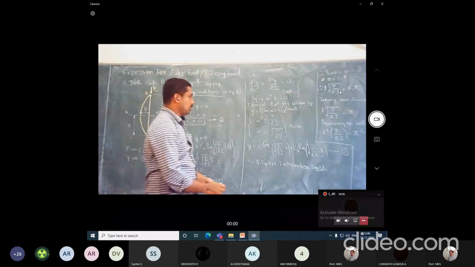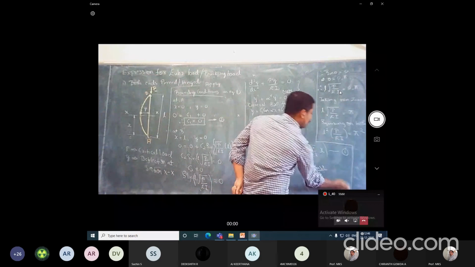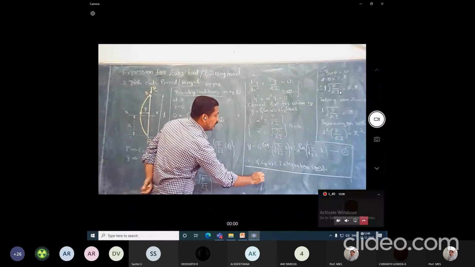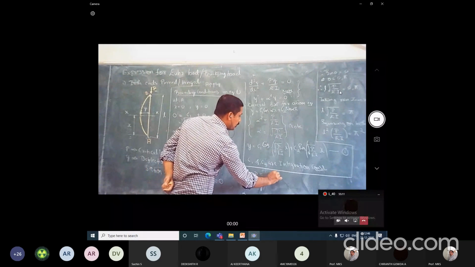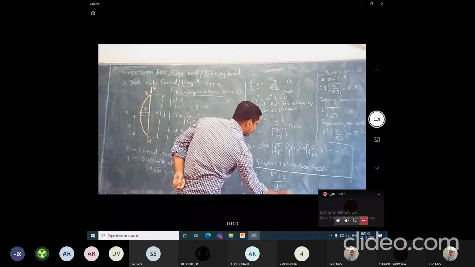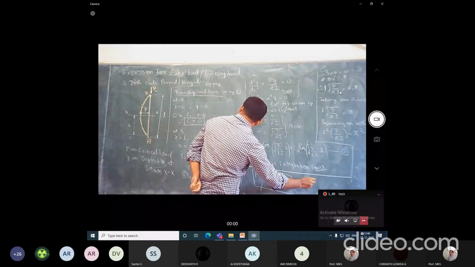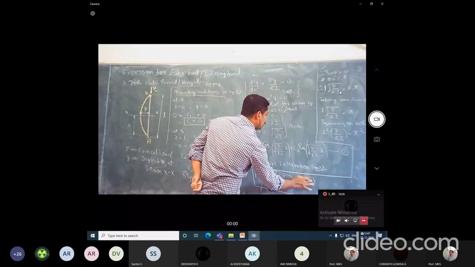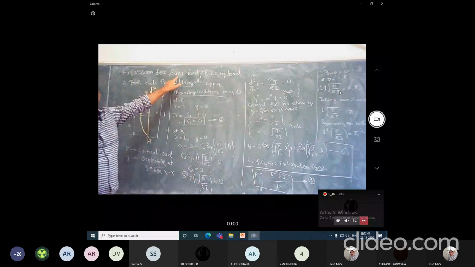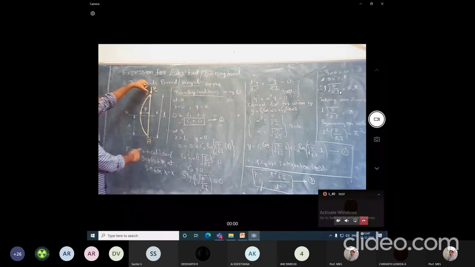I need to derive the expression for P, so I rearrange, and P will be equal to pi square EI divided by L square.